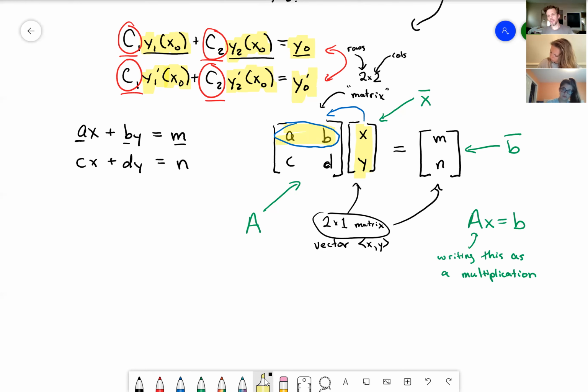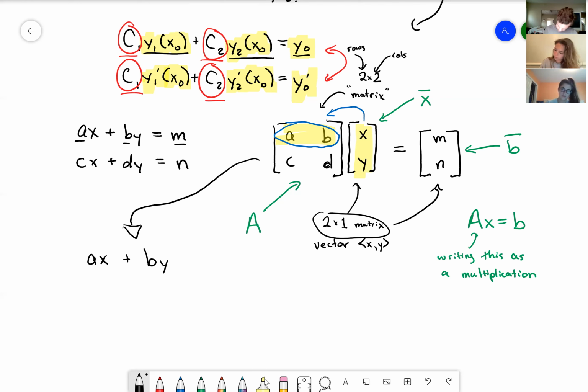And so corresponding entries get multiplied together, and then we add everything up. So what this gives us is the x corresponds with the a, so that we get ax, and then the y corresponds with b, so we get by, and then we add them together.